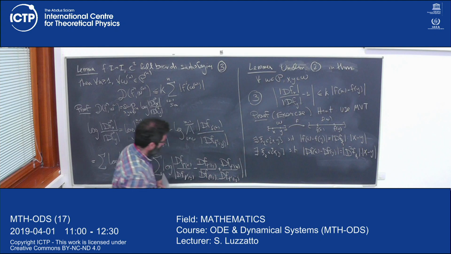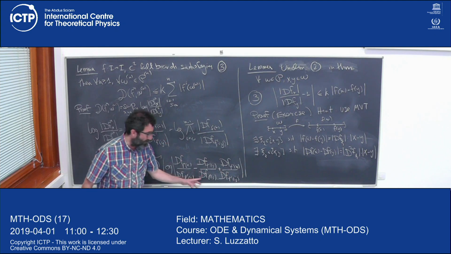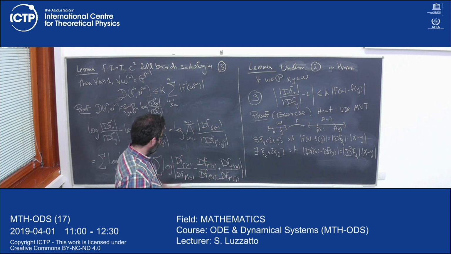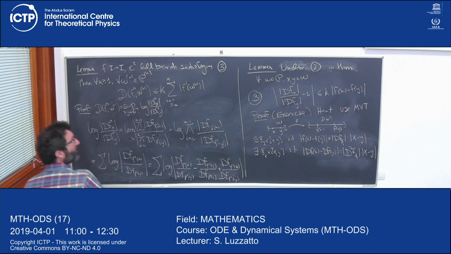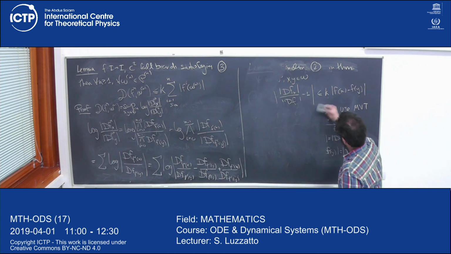Okay, now I've just done a kind of trivial step of adding and subtracting 1, right? There's nothing there, but the reason is because I want to combine these two, and I'm going to get something that looks a bit like this.